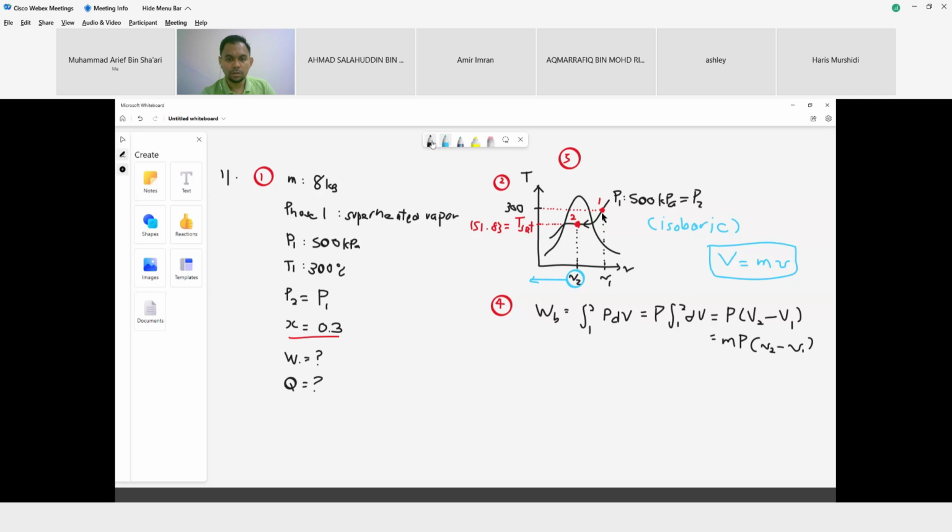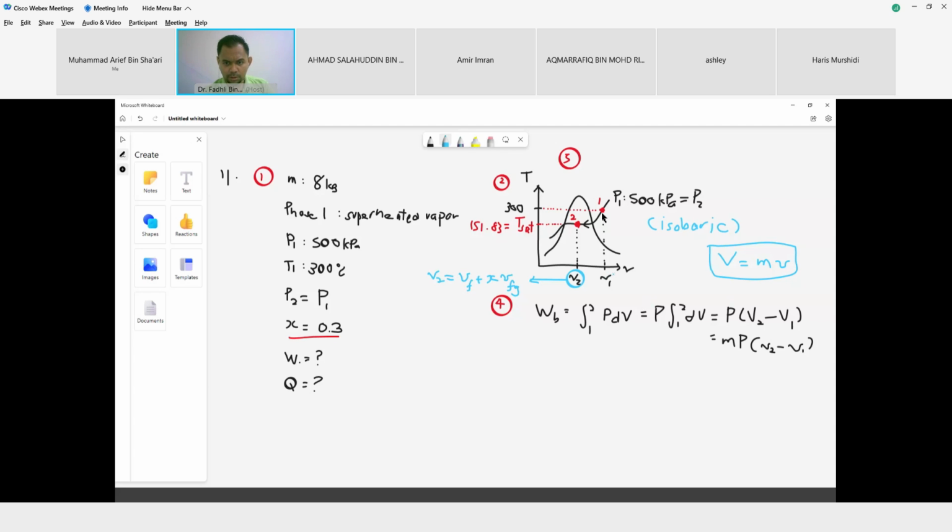For V2, you need to use these equations: v equals vf at the given pressure plus x times vfg at the given pressure.